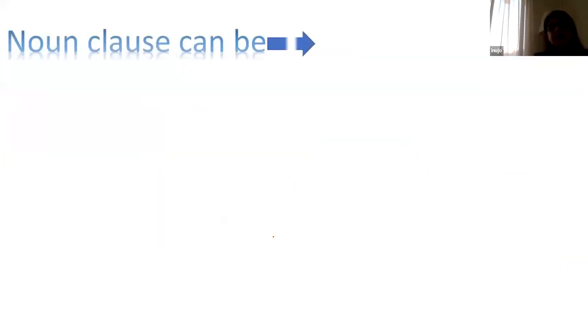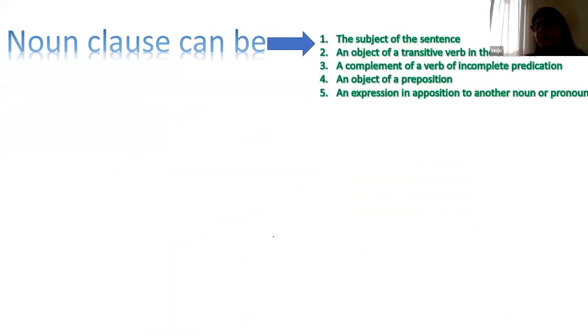All right, next. Let's see this. Now what are the functions a noun clause can play? A noun clause can be the subject of a sentence. It can be the object of a transitive verb in the sentence, a complement of a verb, and then it can be an object of a preposition, and it can also be an expression in apposition to a noun or a pronoun.